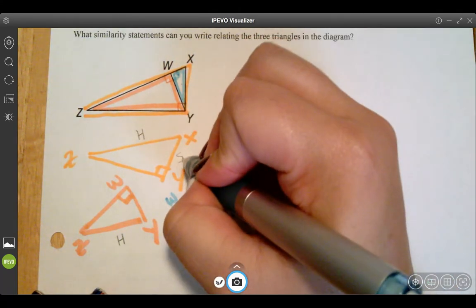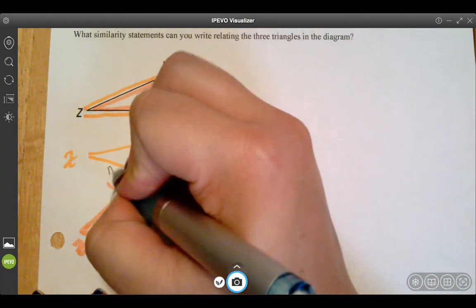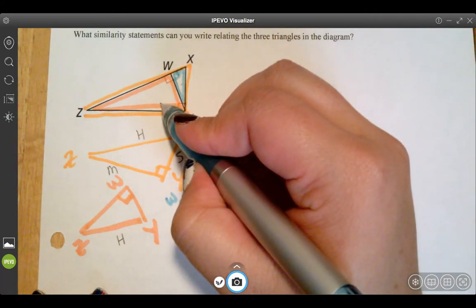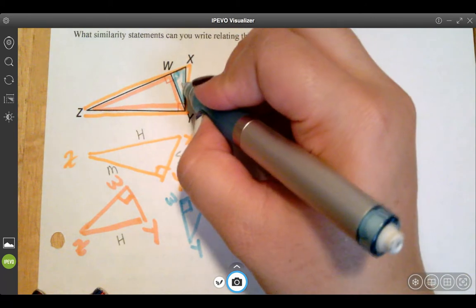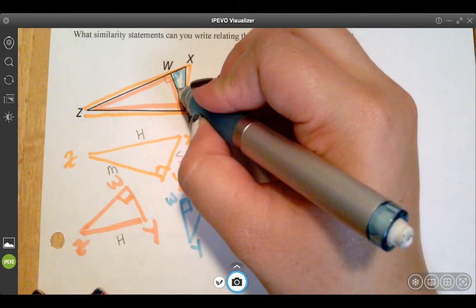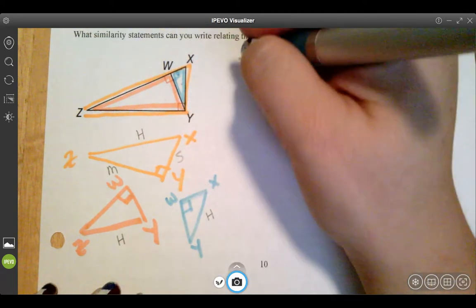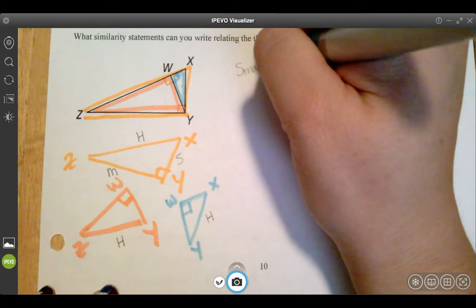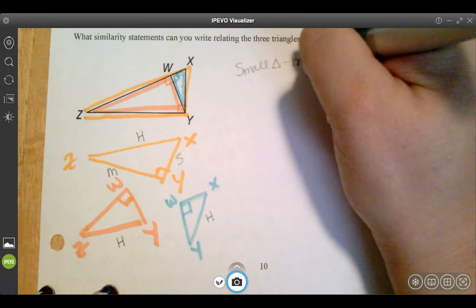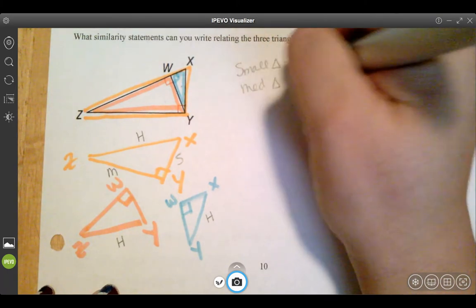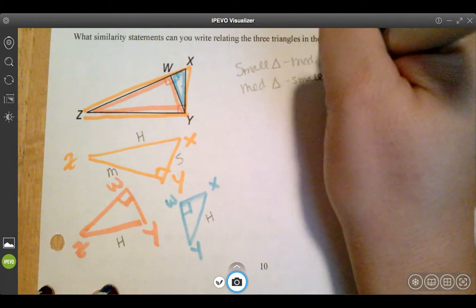So if this is the small leg and this is the medium leg, then this is the small triangle and this is the medium triangle. The small triangle has the medium leg where the medium triangle has the small leg. So small triangle, medium leg, medium triangle, small leg.